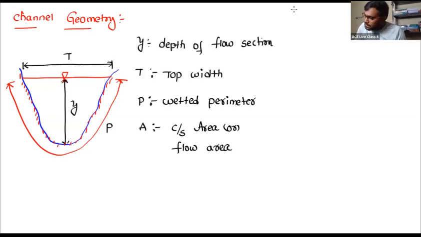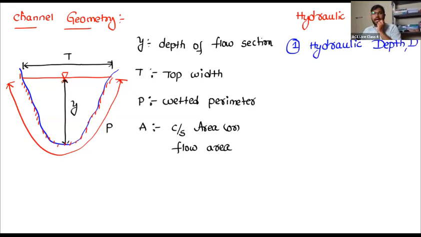Those hydraulic parameters are very, very important. Number one, hydraulic depth, represented with D. So what is meant by hydraulic depth? For a given cross section, it is the flow area per unit top width.